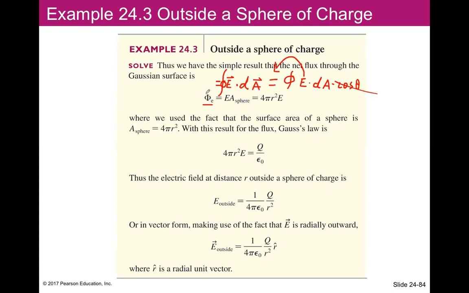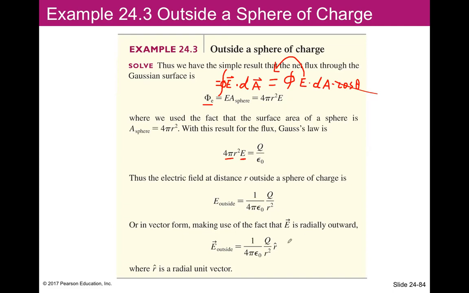So the flux equals 4 pi r squared E, and also flux equals Q over epsilon 0. Then 4 pi r squared E equals Q over epsilon 0. Then if you want to calculate E, you just take 4 pi r squared to the other side of the equation. You will get E equals 1 over 4 pi epsilon 0 r squared times Q, of course.